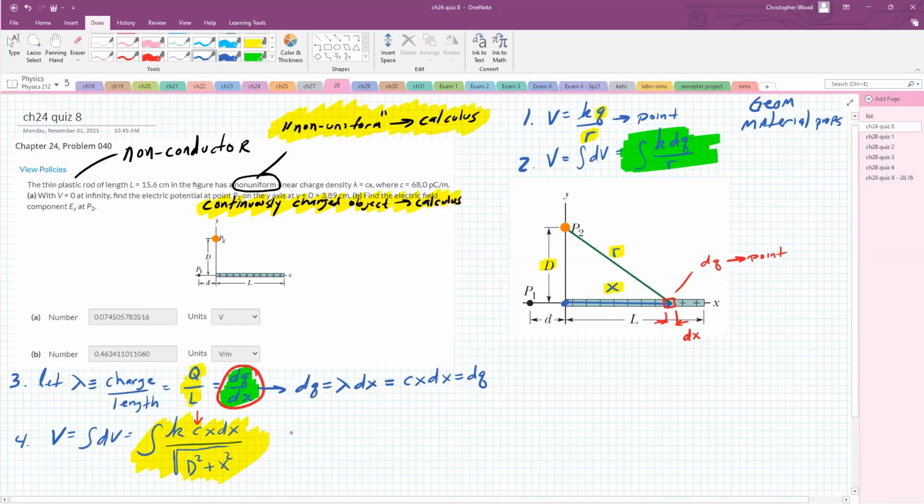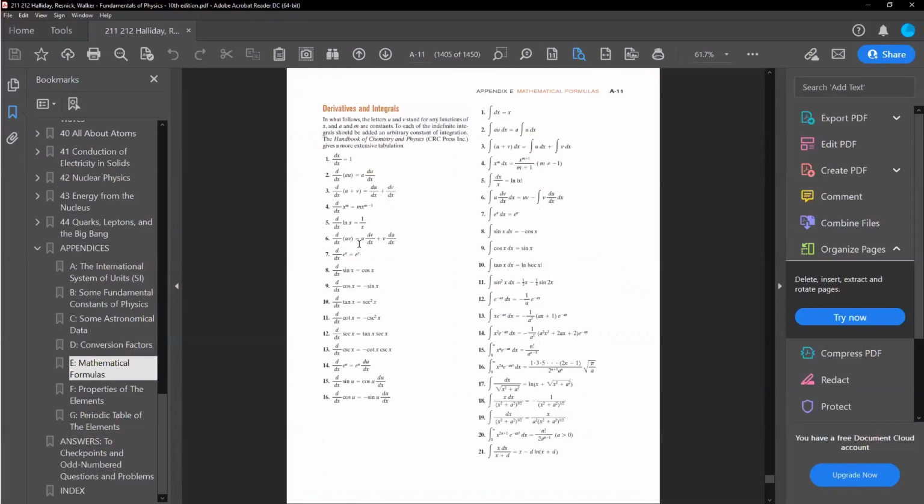I'm going to look this up. Hopefully this is a lookup. I would give you a table of mathematical formulas like you see here. This is directly from your textbook. You have access to this exact same resource, which again, I would just give to you on exam 3.